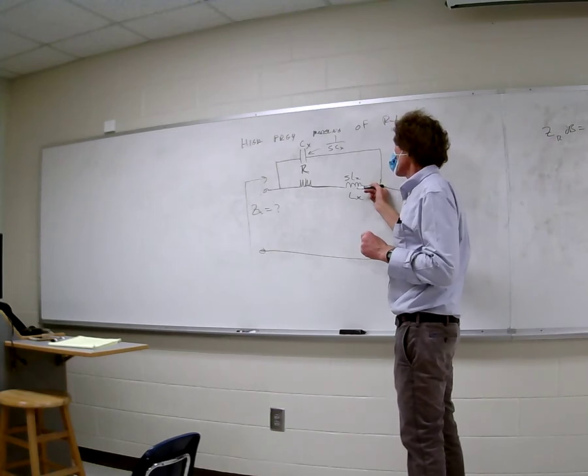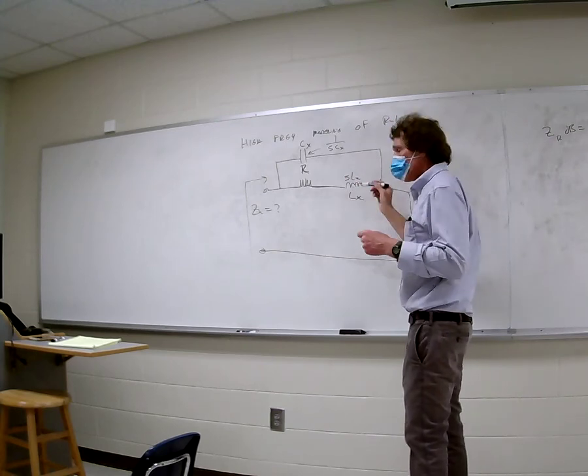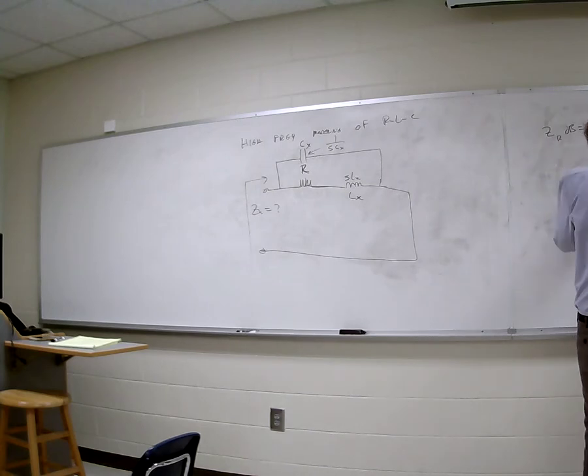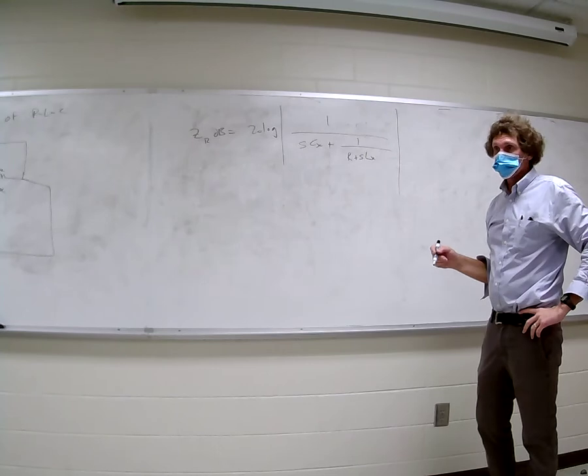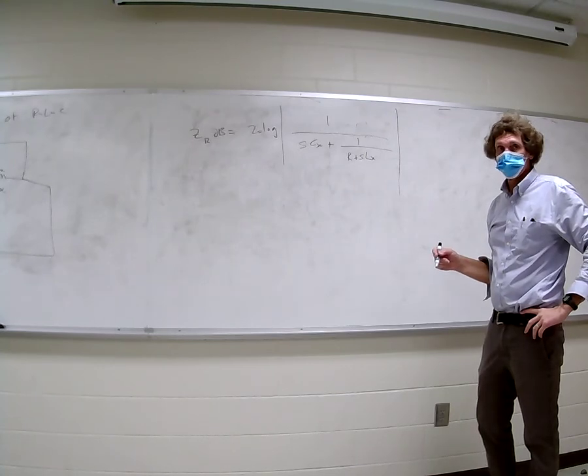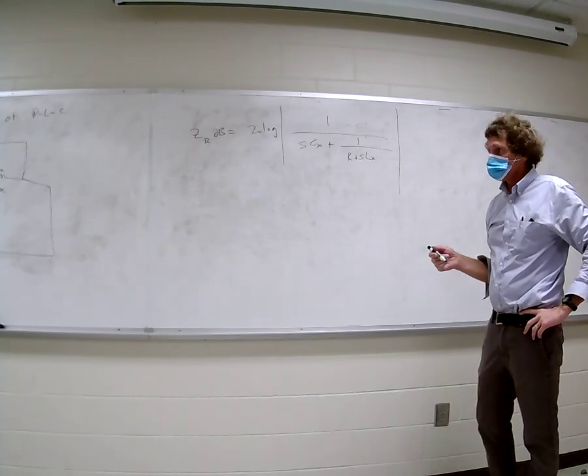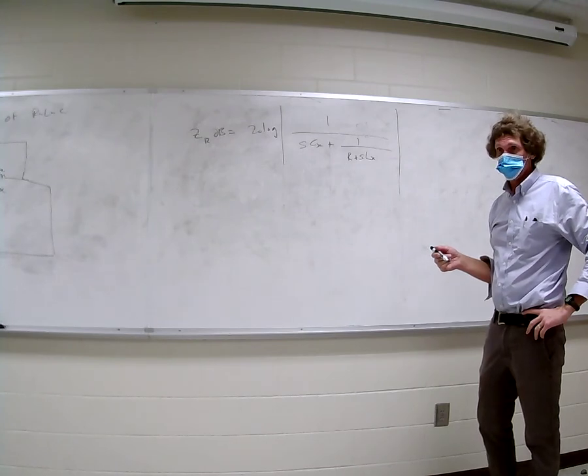Probably the easy way to do it is 1 over this impedance plus 1 over that impedance, 2 in series. So it's 1 over, and then it would be SCX plus, and then it's going to be 1 over R plus SLX. I'm going to drop the X in a second. I hope you realize the only thing I've done there is added the resistor and inductor impedances in series, and I paralleled them with the capacitance's impedance, right?